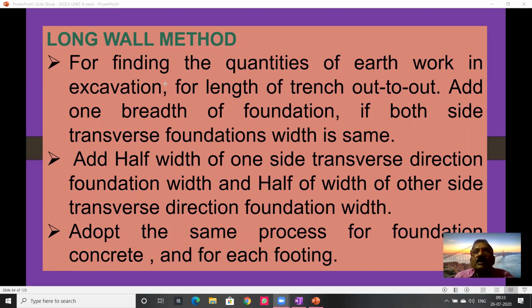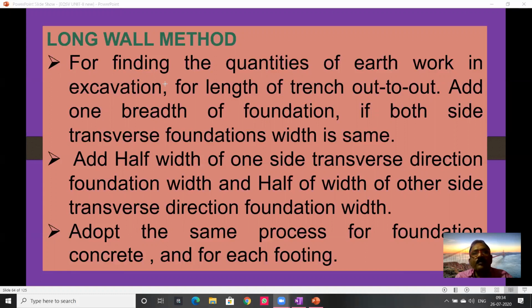For the excavation, the length of a trench is out to out, add one breadth of foundation if the foundations on both sides in the transverse direction have the same width. That is the first step as discussed.